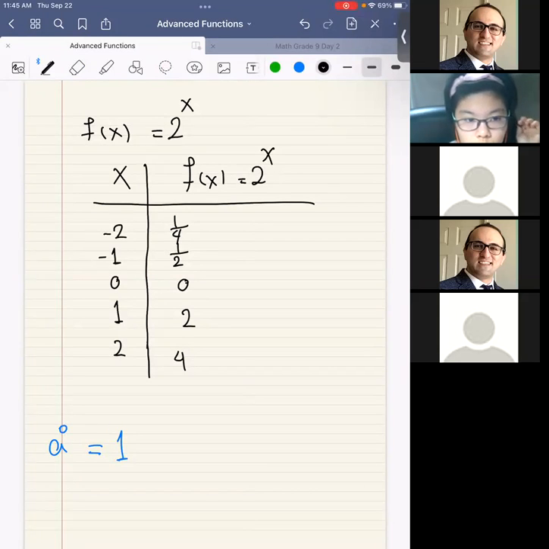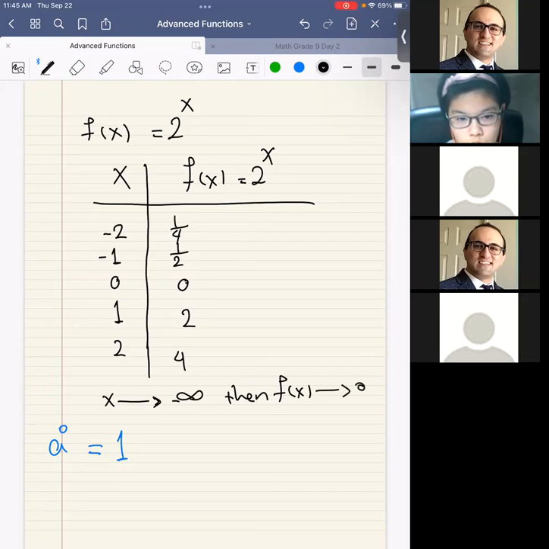So we say that when x goes to negative infinity, then f of x, which is just 2 to the power x, goes to 0. And you can draw a graph, the graph of this function.